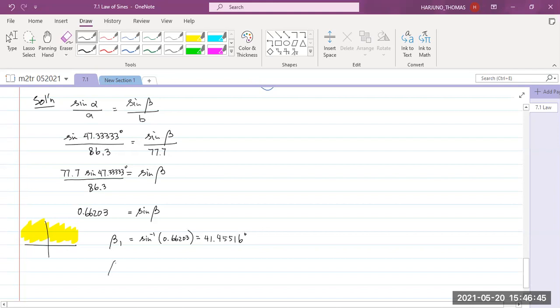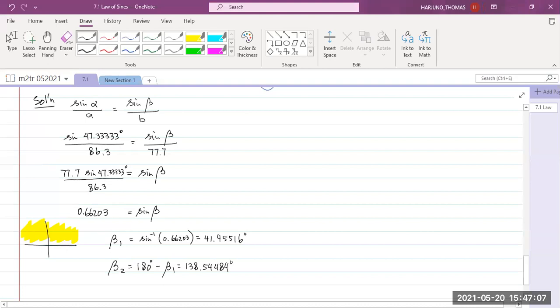While beta 2, the angle in the second quadrant, must have beta 1 as the reference angle. That's 138.54484 degrees.